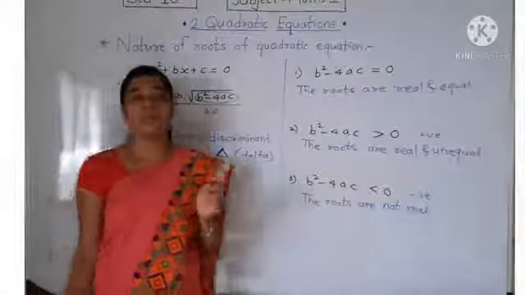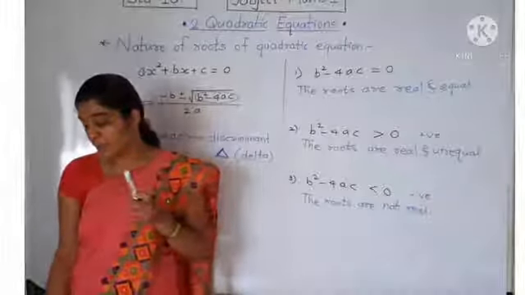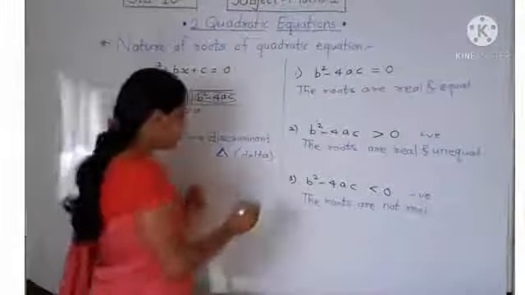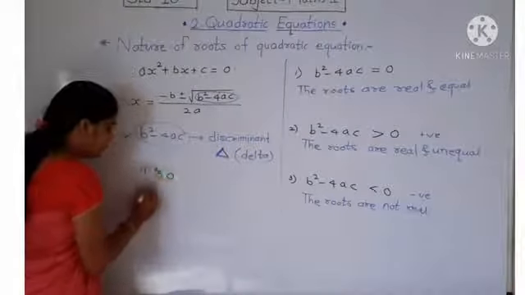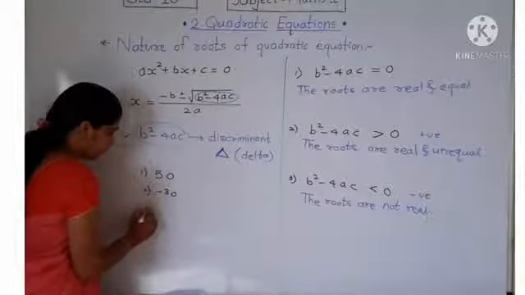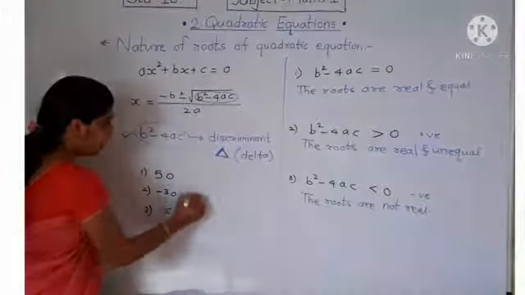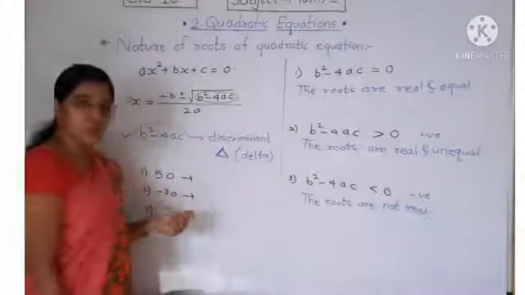In the textbook page number 44, there is one activity given. The values of discriminant are given. What are the values given? 50, minus 30, and 0. You have to find the nature of the roots.